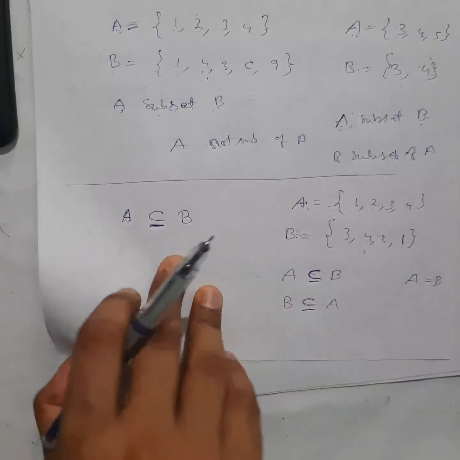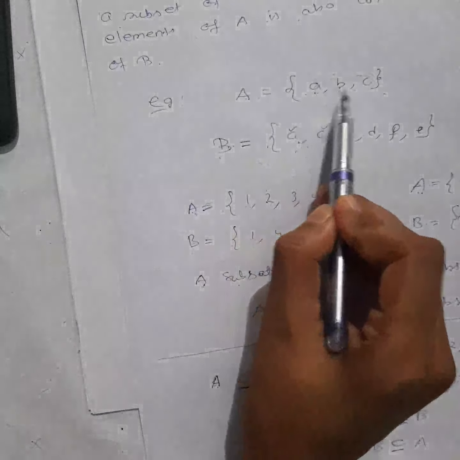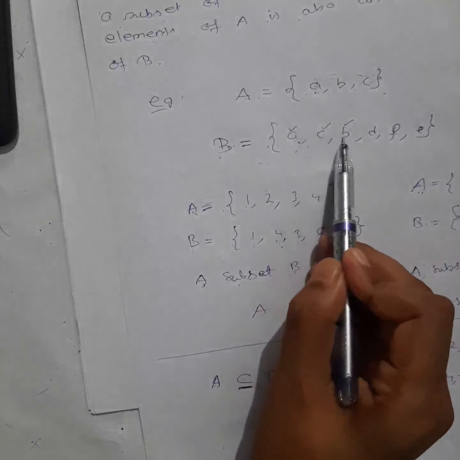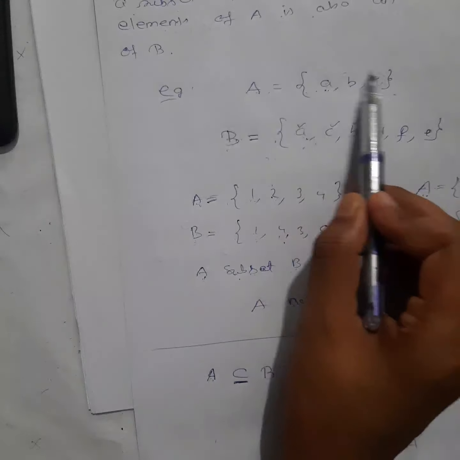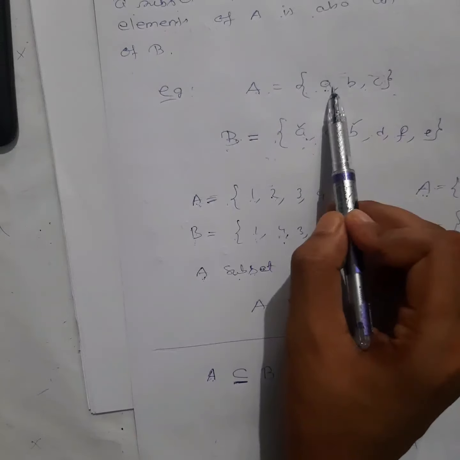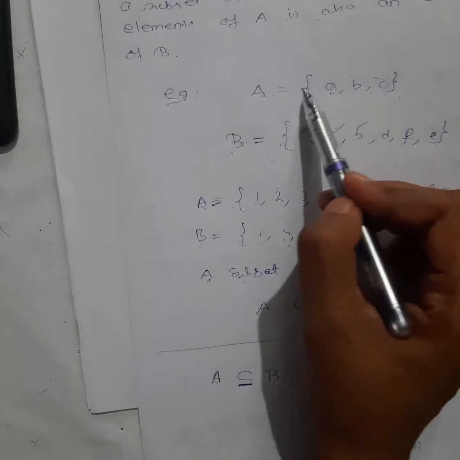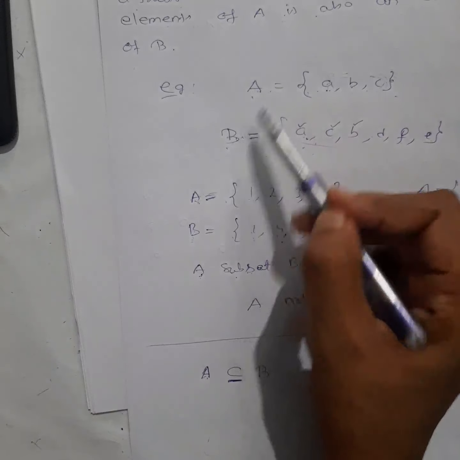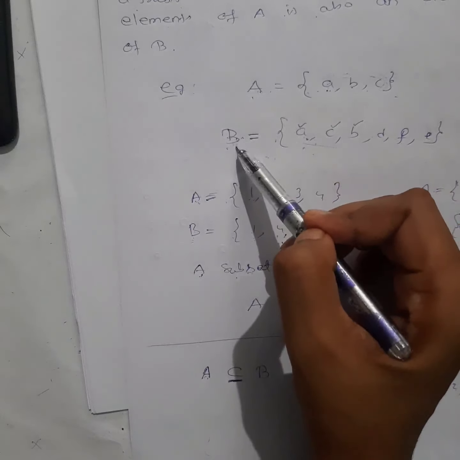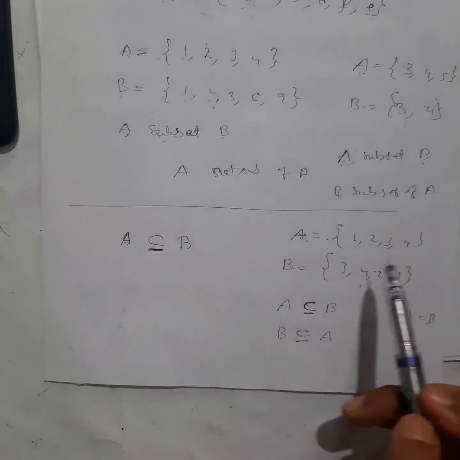But in the example I took earlier, A has elements A, B, C and B has A, B, C, D, E, F. How many elements does A have? 3 elements. And this one? 6 elements. So this set has fewer elements than this set, but in the other case you can see they are equal.